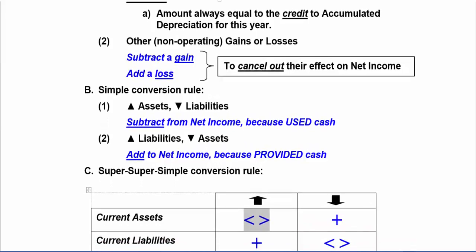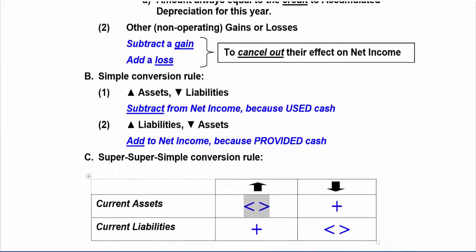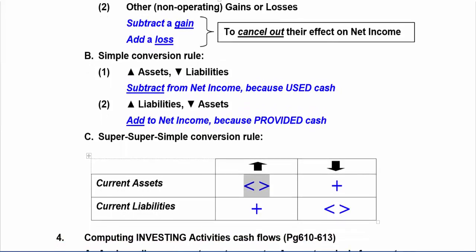Conversely, if it's a current liability and it went up, we would add its change to net income for the year. But if it's a current liability and it went down, we would subtract its change from net income for the year in arriving at net cash provided or used by operating activities.